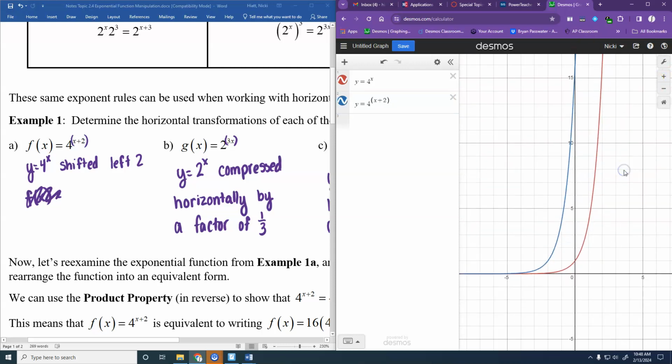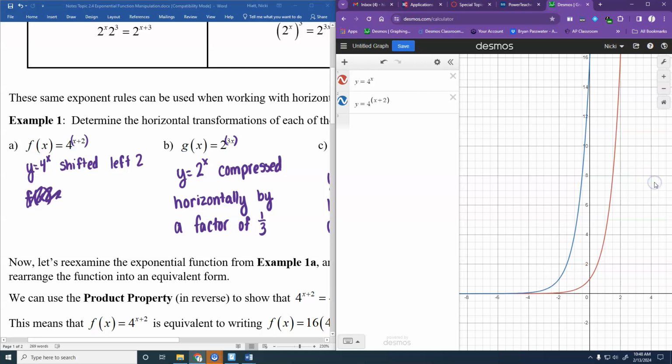And I'm going to tell you the truth. When I'm looking at graphs, I think it's hard to tell what's happening here, right? Definitely I can see the shift, but it's kind of hard on exponentials for me to see what's happening. Let's look at the next one.